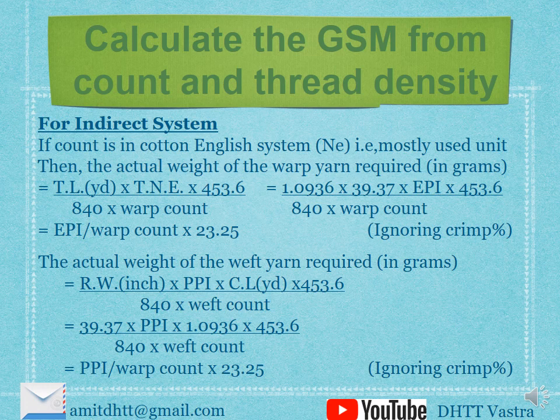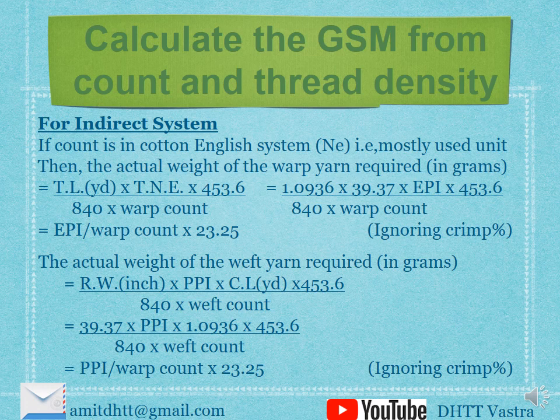In place of tape length, now the tape length must be in yards. But we have a fabric of 1 meter length and 1 meter width, and we have to calculate the weight.